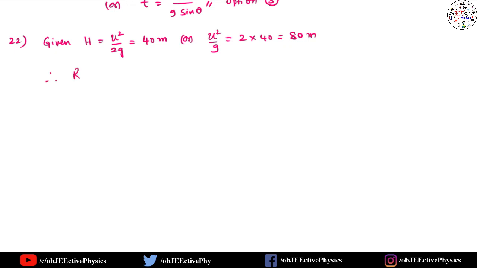Therefore, maximum range or maximum horizontal distance is u square by g, that is equal to 80 meters. So, here it is option 4.